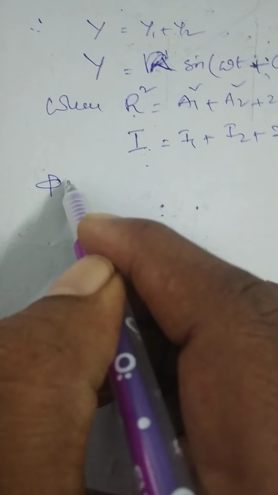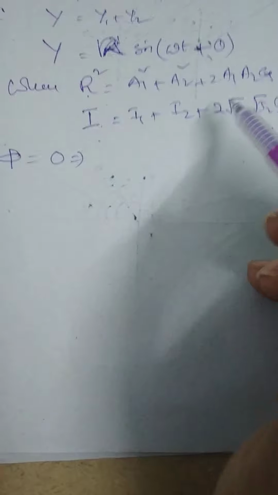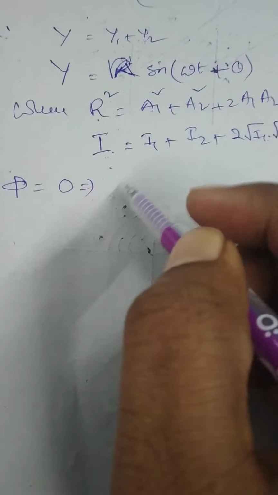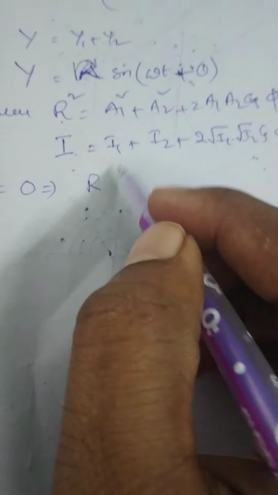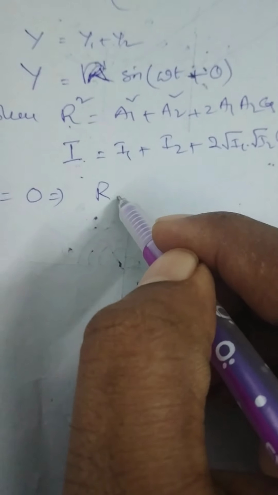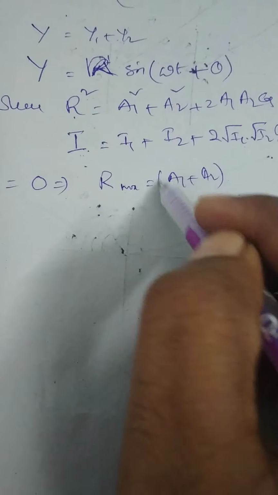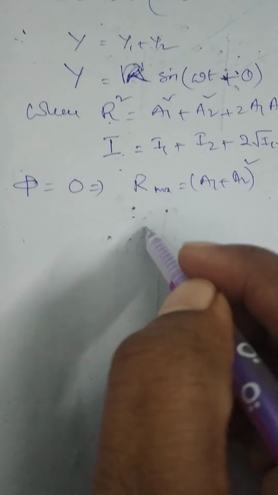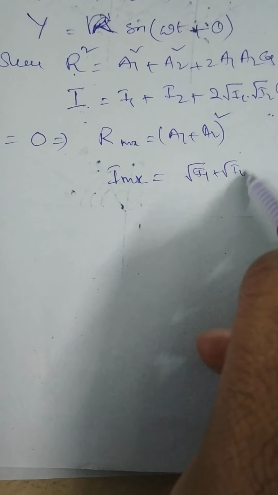Suppose the phase difference phi is equal to 0, it implies cos phi is equal to 1. Therefore, the resultant amplitude will be maximum, R maximum is equal to a1 plus a2 whole square. Maximum intensity I maximum is equal to root I1 plus root I2 whole square.